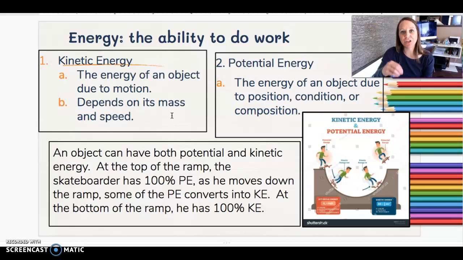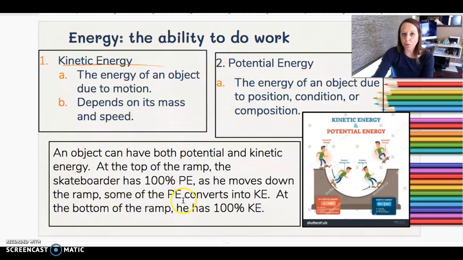When those objects are moving, we call that type of energy kinetic energy. We also have potential energy, which is the energy of an object due to position, condition, or composition. We also talk about potential energy as energy that something has that's stored. It's waiting to be used.